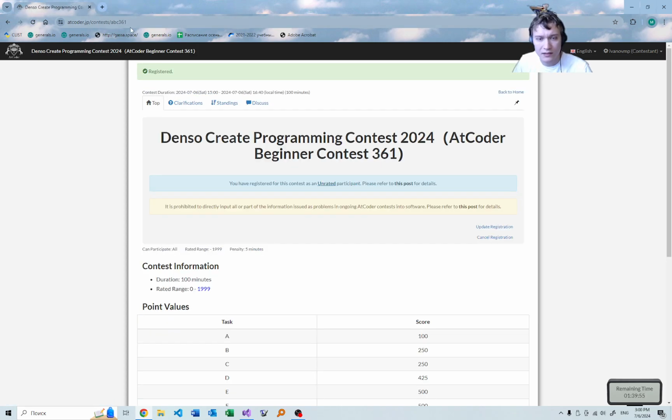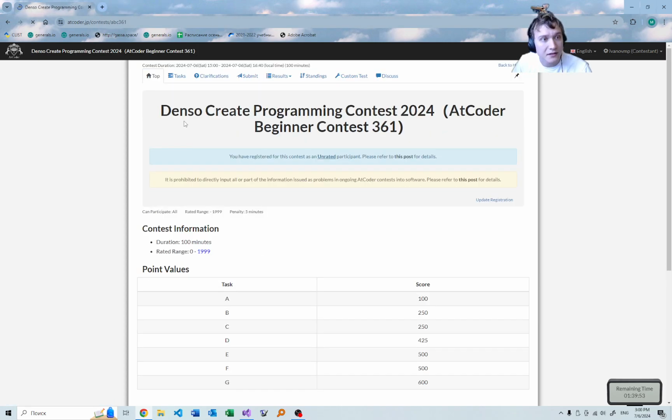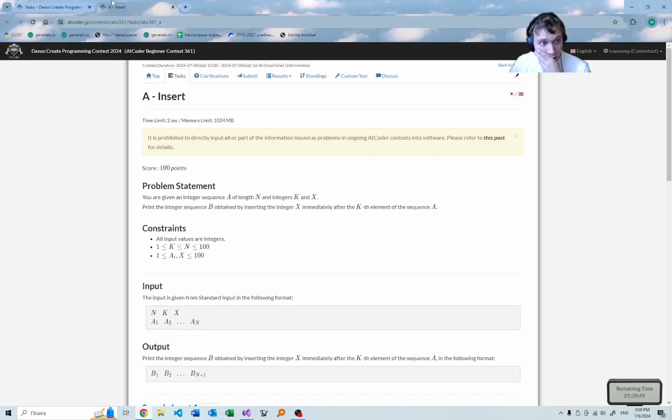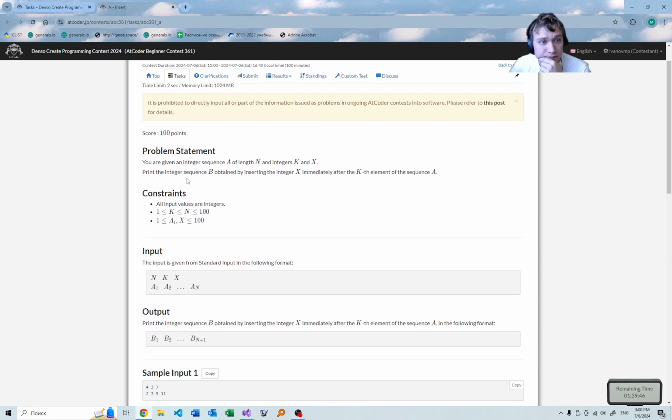Okay, it at least compiles. Okay, let's see the problems. Oh, I forgot about my tablet. Okay, I will turn it on later.